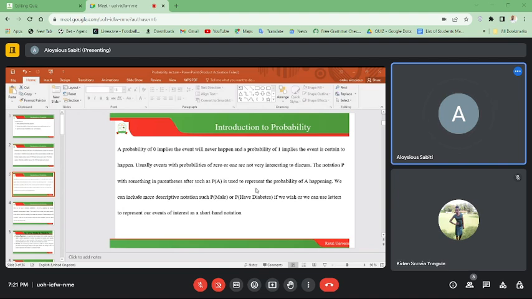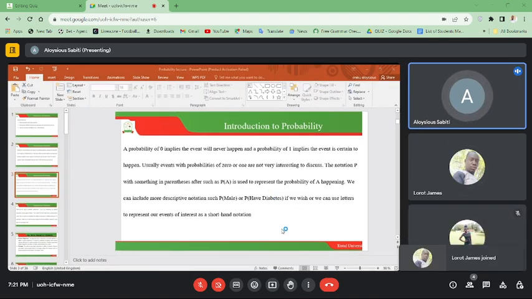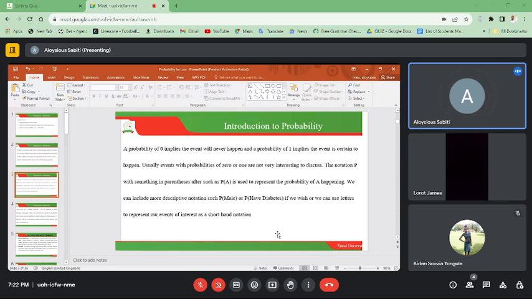The notation P, with something in parentheses after it, such as the probability of A, P is used to represent the probability of A happening. So in any regard, you can write the probability of A, where P is our notation.